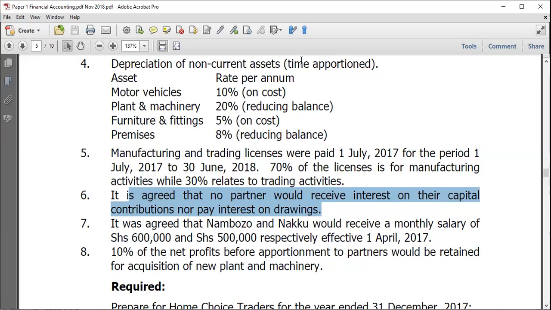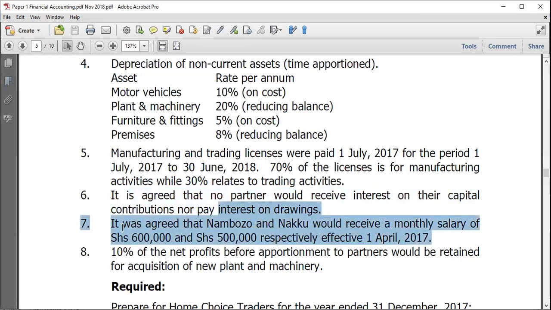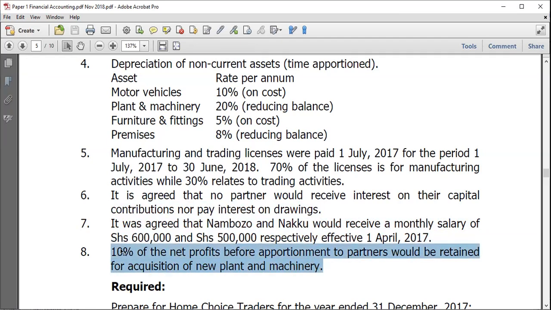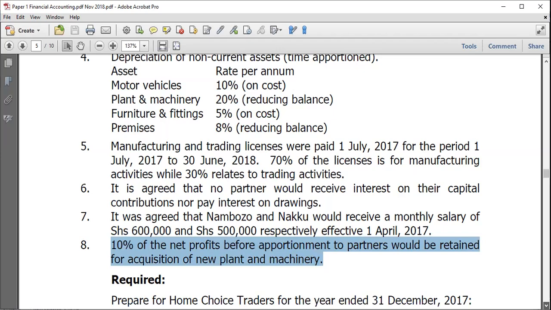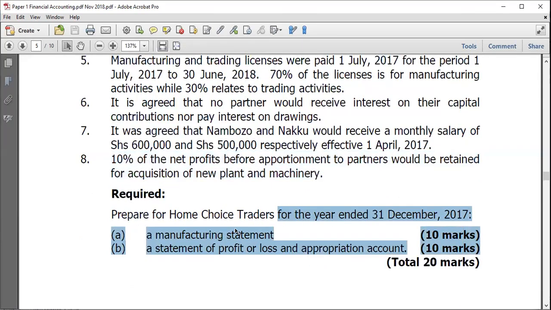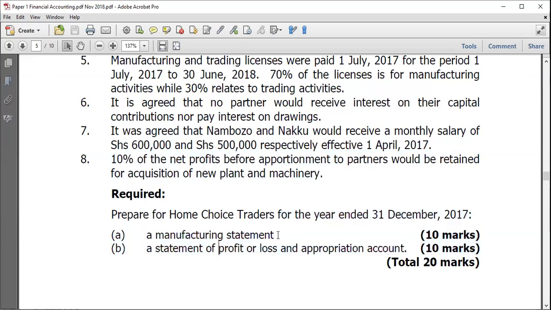So the examiner bringing in partnerships was just trying to make things look somehow complicated for you, but there's nothing much. This is a typical question on manufacturing. The partnership comes in very slightly. Then we're now going to draw our manufacturing statement right there.